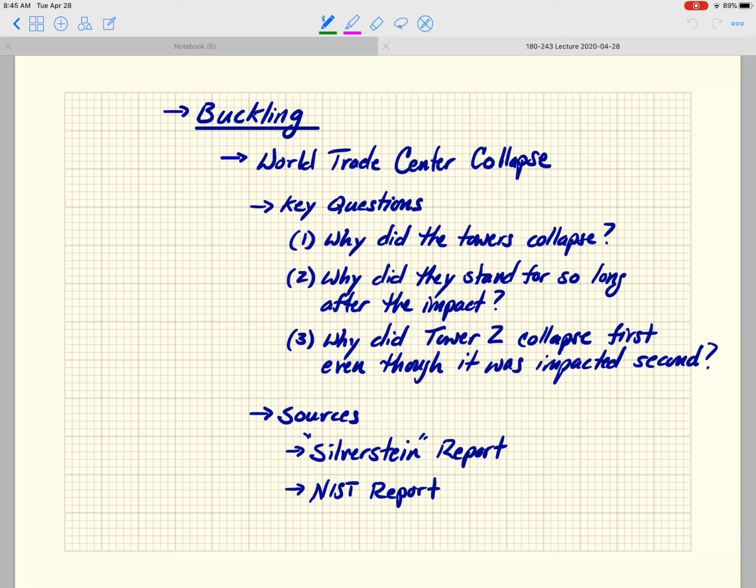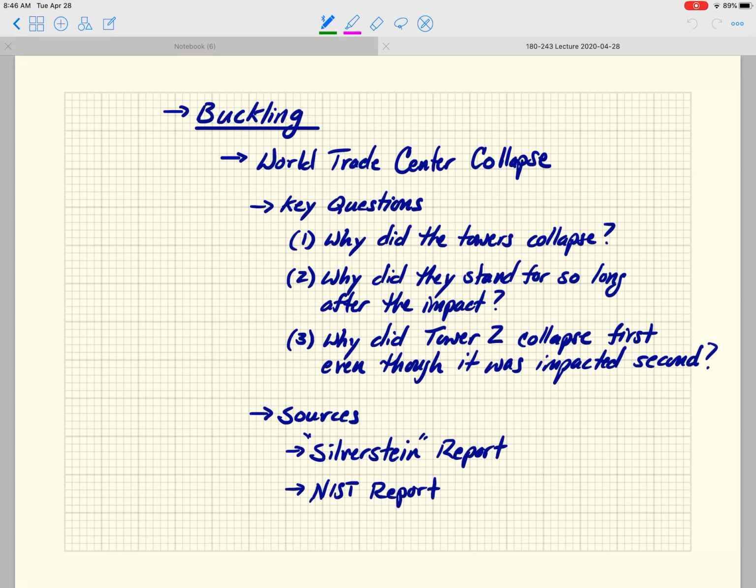And the reason they stood for so long, which thank God they did because so many people got out of those towers, I think, except for a few, almost everybody that died below where the planes hit were firefighters, first responders that were going in to try to help people get out.